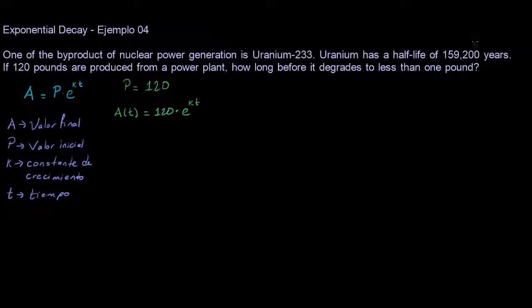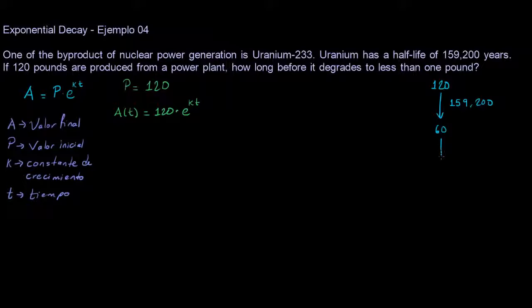So how does this half-life thing work? Basically, it is telling us that every time these years go by, let's say we originally had 120 pounds, after exactly 159,200 years you will get exactly 60 pounds.